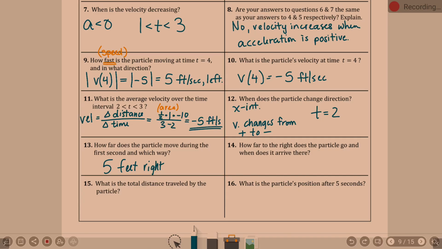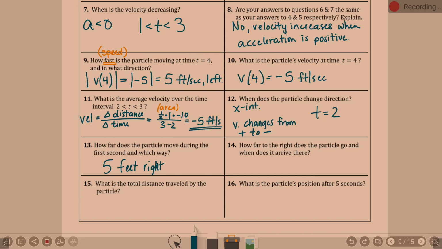Okay. How far to the right does the particle go, and when does it arrive there? It'd be 7.5 feet. It arrives there at 2 seconds. I was not understanding the question. How far to the right does the particle go?